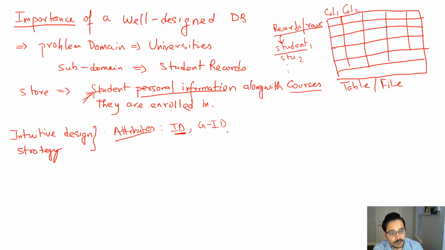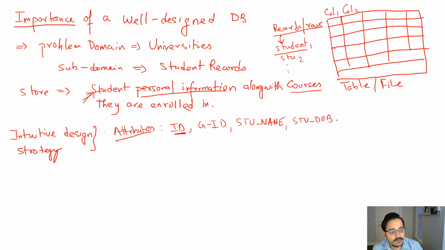Thereafter, of course, you will have something more basic, such as student name. Then what else will you have? You can have something like student date of birth, right?